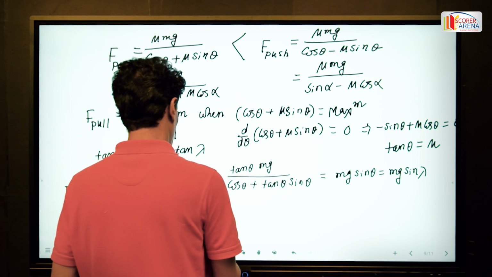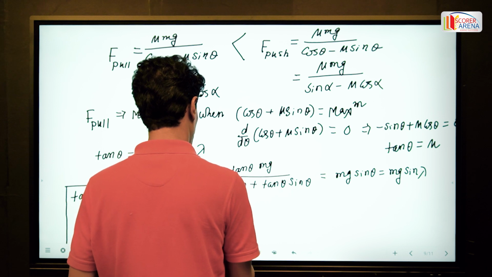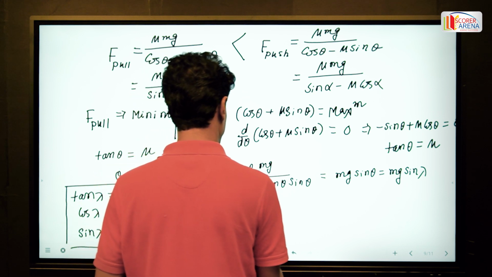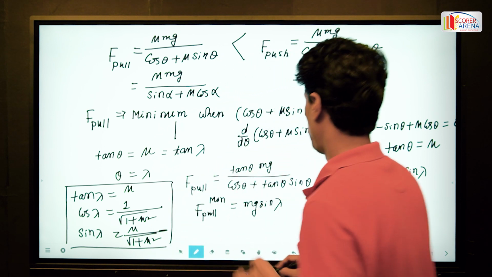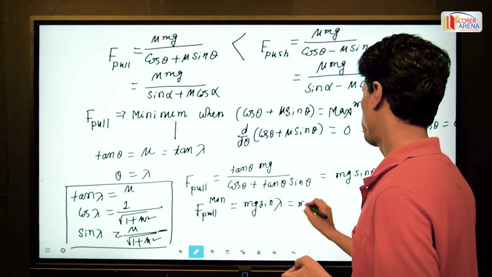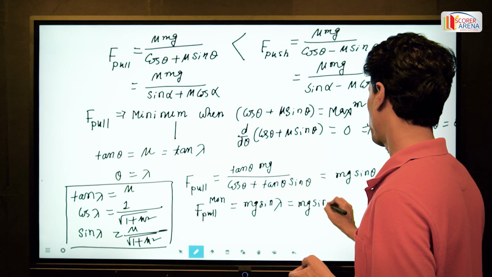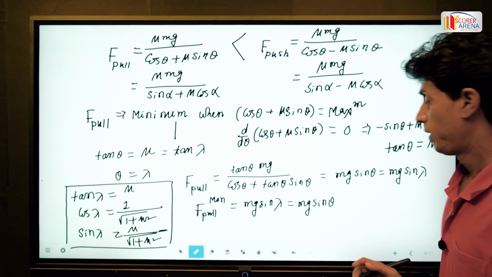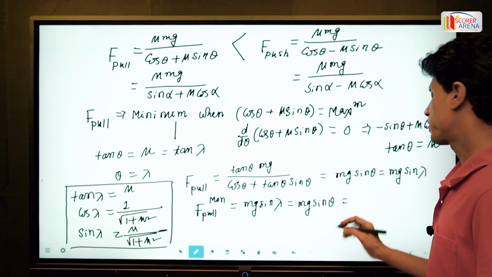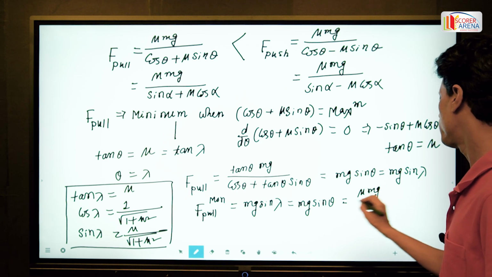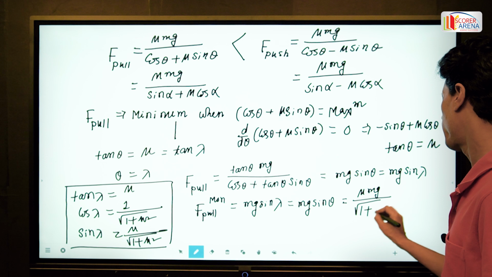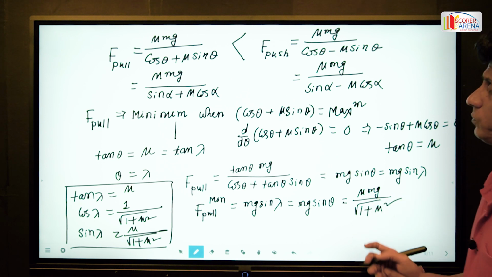So the minimum pull can be written as mg sin lambda, or you can say mg sin theta as given in the problem. And this mg sin lambda can be replaced by mu mg by root over 1 plus mu square.